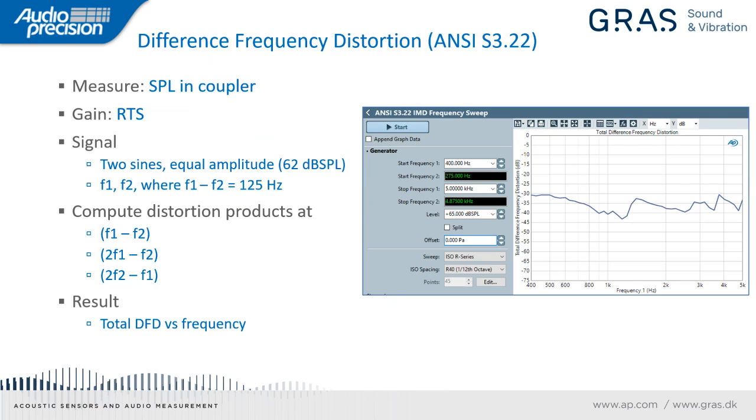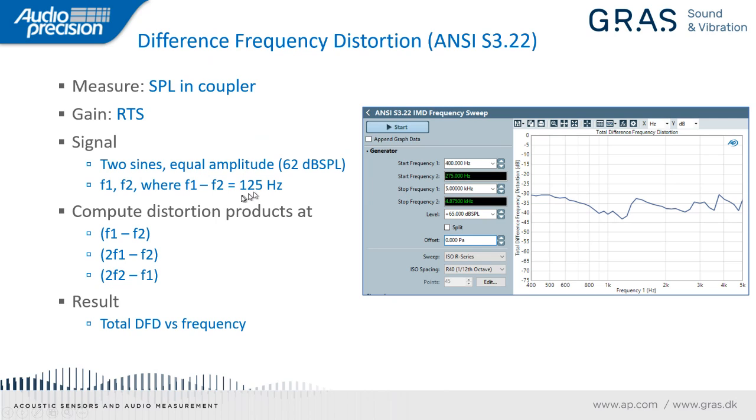Another measurement called out in the standards is difference frequency distortion. ANSI calls it difference frequency distortion, and we'll see that the IEC has a slightly different label, but it's basically the same thing. Here again, we measure the sound pressure level in the coupler with the gain at RTS. We use a dual sine signal, so there are 2 sines of equal amplitude at frequencies that are spaced 125 hertz apart.